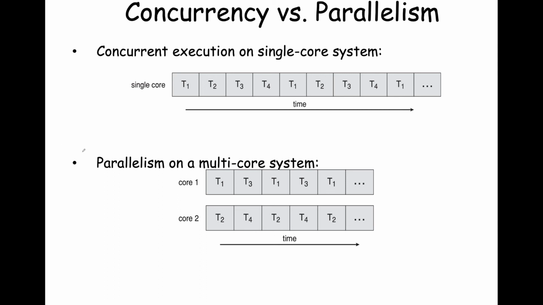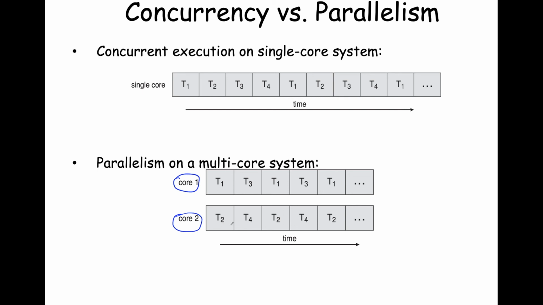So let's assume tasks T1 and T3 were on the first core, and task 2 and task 4 are on the second core. So here, you're going to share fractional usage of core 1 between T1 and T3. So we're going to have a little bit of time for T1, a little bit of time for T3, then T1, then T3, then T1, T3, and so forth, and so on. And on core 2, you're going to alternate, sharing fractional usage of core 2 between T2 and T4.